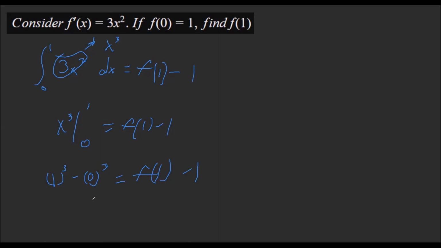And from here, we can just simplify, I suppose. This over here is equal to 0. This is equal to 1. So we end up with 1 plus 1 equals 2, which is equal to f of 1. And so the value of f of 1 in this sense is going to be equal to 2. That's it for the video. If you have any further suggestions, please put them in the comments below.